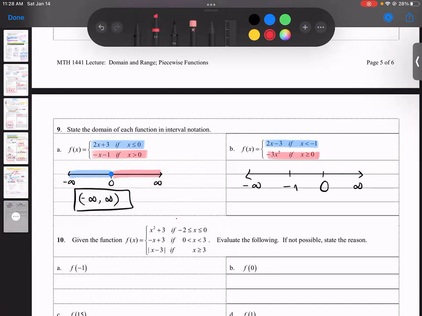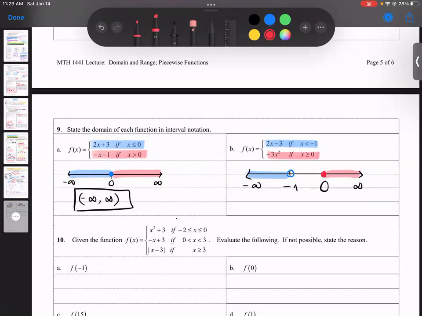The blue one goes from -infinity, so x is less than -1, up to -1. -1 is not included, so hollow dot. And then it skips a little bit, and the red one starts at 0. 0 is included, so solid. From there, it goes to infinity.